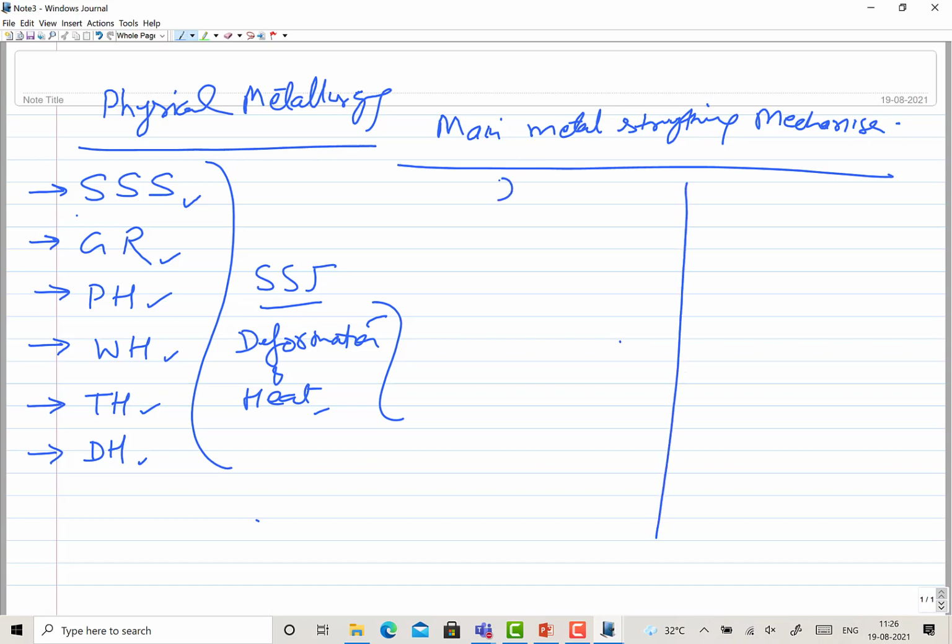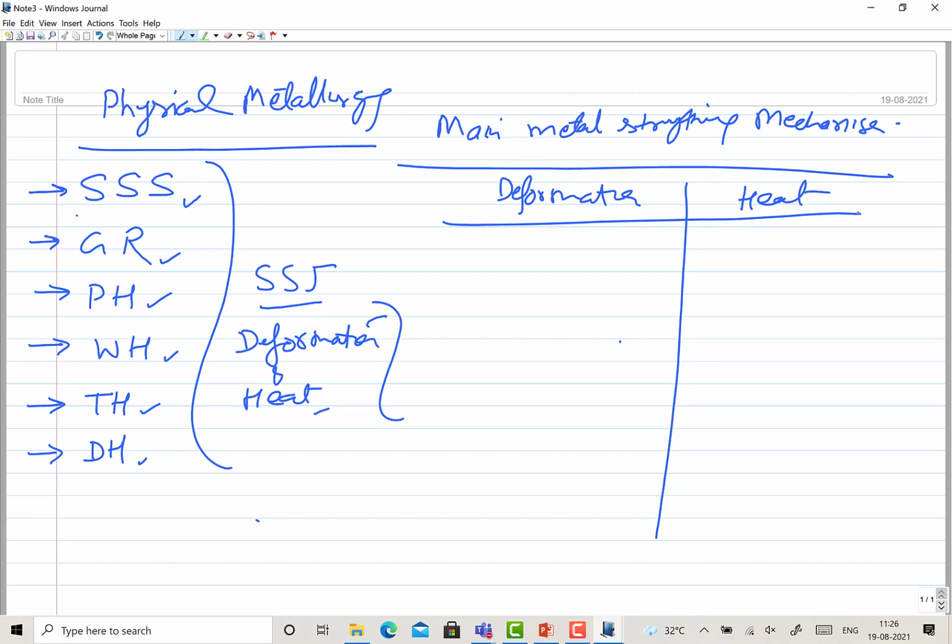So on one side let me take deformation, and on the other side heat, and see the way a metal strengthened by a particular mechanism will be affected.